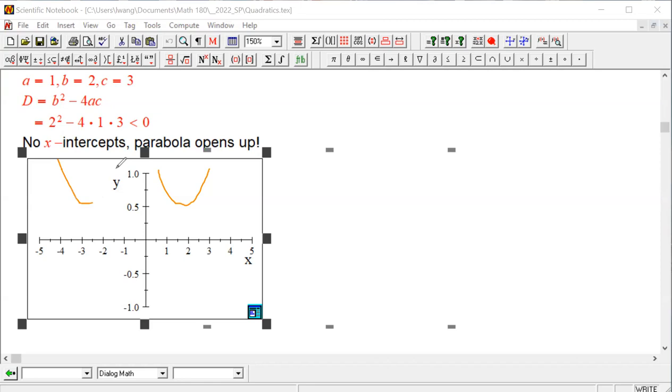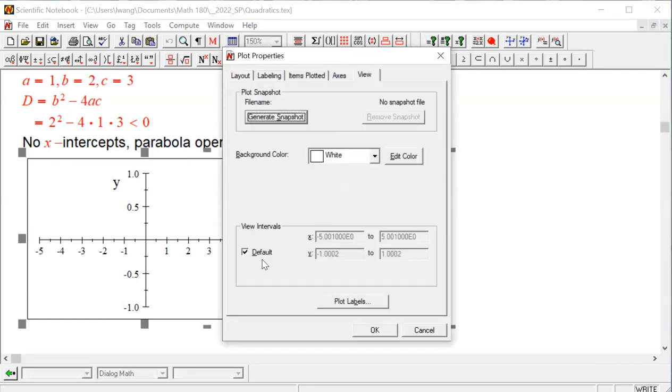It doesn't matter. It could be here, it could be there, right? It could be anywhere, but it's not going to touch the x-axis, right? So even if you don't have a calculator, is it a big deal? You already have the knowledge to identify the situation.